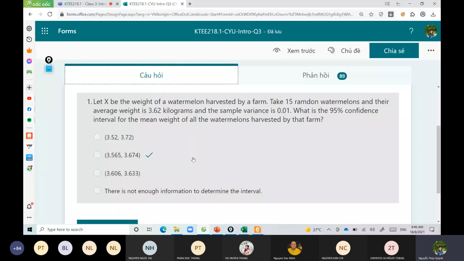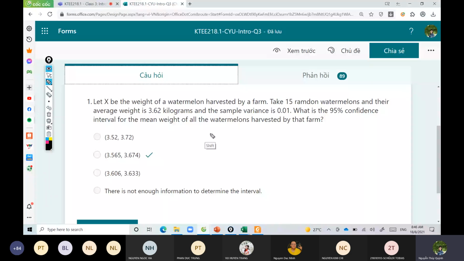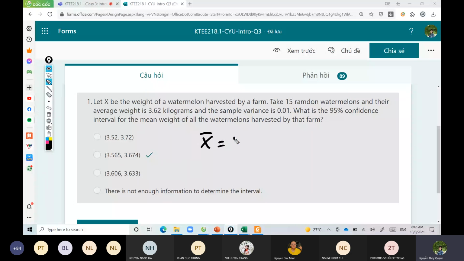All right. So here we have x bar equal to 3.62.